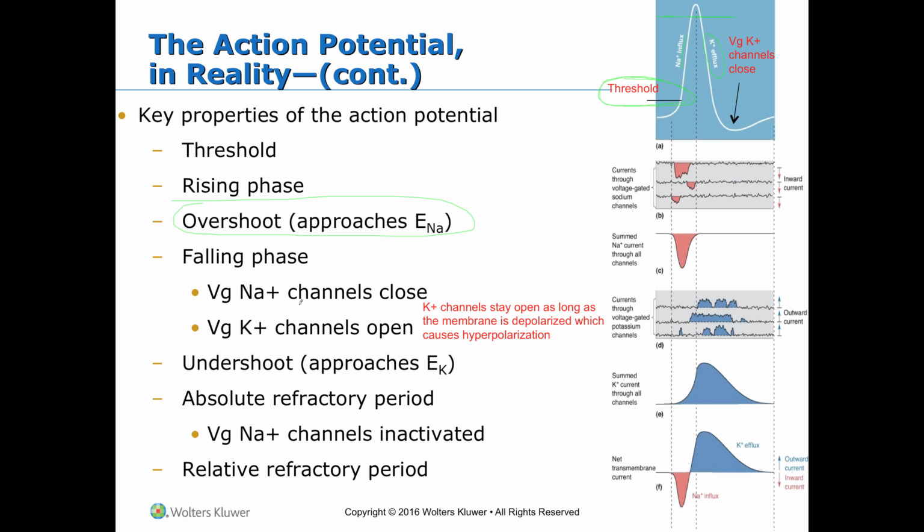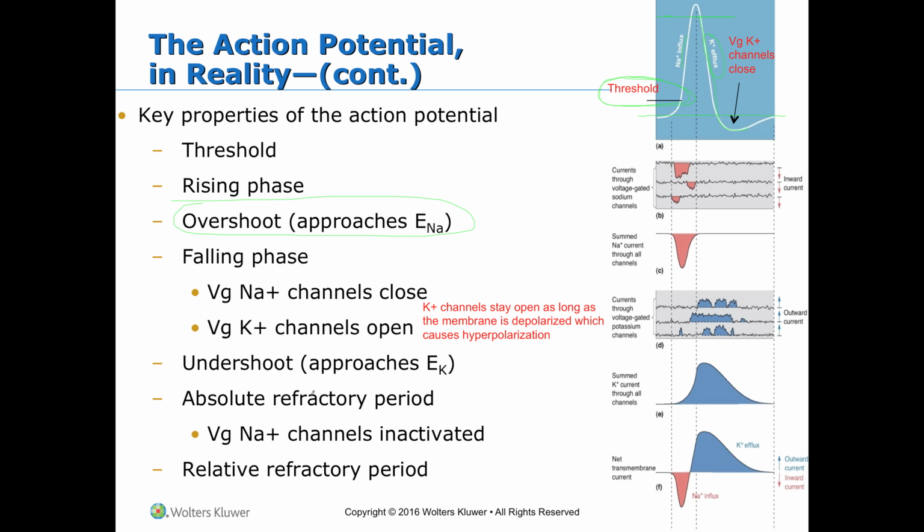So voltage-gated sodium channels are closed, whereas voltage-gated potassium channels, or delayed rectifier channels, are open. These potassium channels stay open as long as the membrane is depolarized, which causes hyperpolarization to occur. These are delayed channels, meaning that the voltage-gated channels actually close when you go beyond resting state. And thanks to the sodium-potassium pump, you get a reestablishment of your ions.